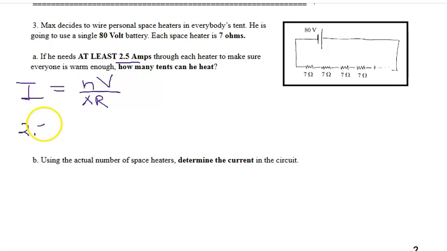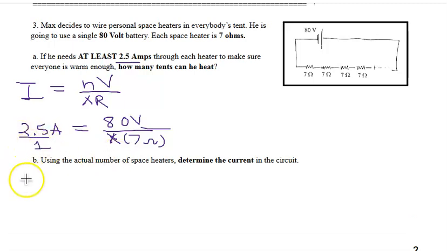Okay, so he wants at least 2.5 amps, and that's going to be 80 volts over X times 7 ohms. And we want to solve for X. And so that gets a little bit trickier because you're trying to solve for something in the denominator. But algebraically, we're still going to try to isolate X and figure out what it is.